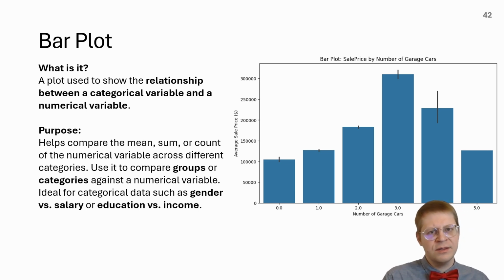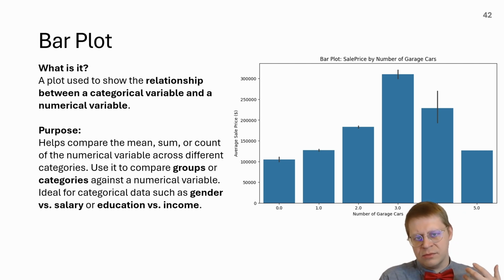Their simplicity makes them ideal for presenting data to a wide range of audiences. For example, it's ideal for categorical data such as gender versus salary or education versus income.